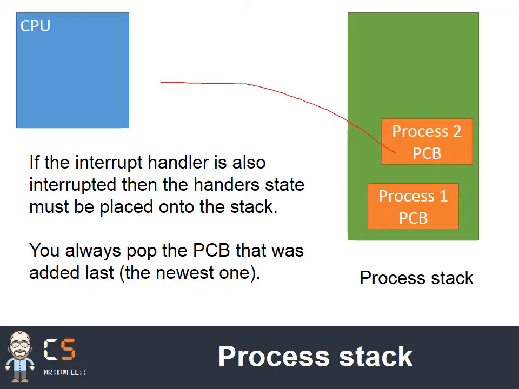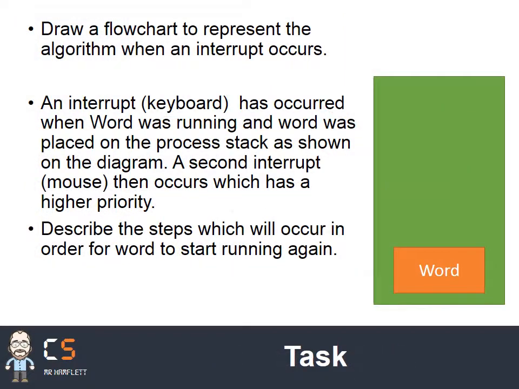So once I finish the other interrupt, I then copy the other one back, finish off that one, and then finally restore the original one. We can restore it because it contains all the registers, all the information we need to actually get it back up and running.